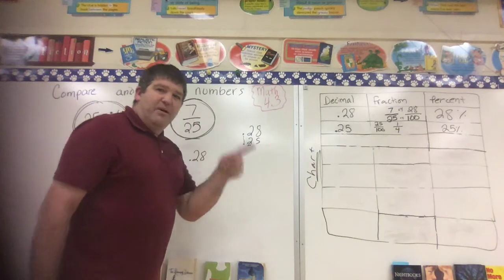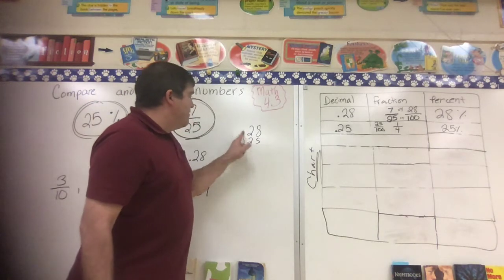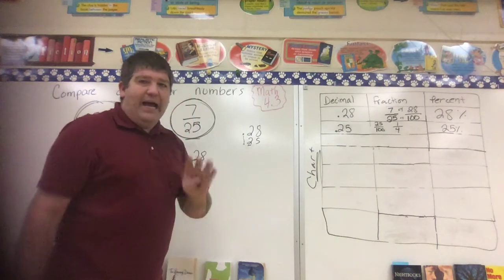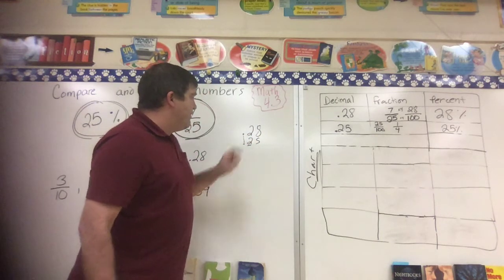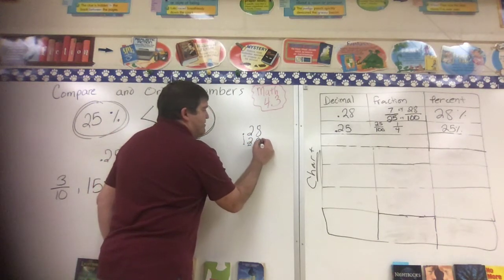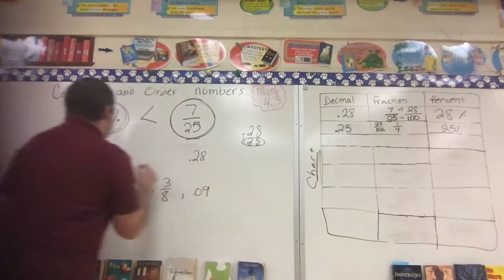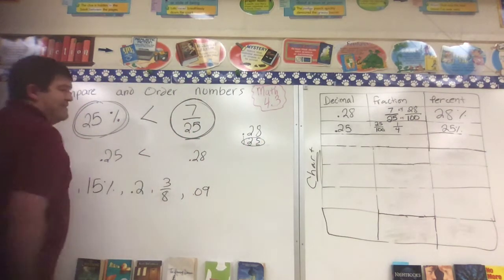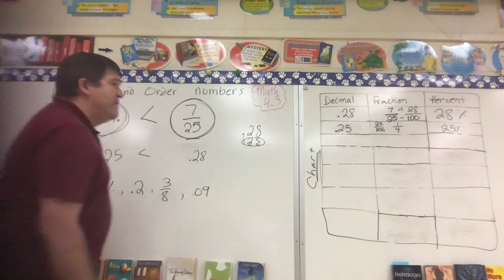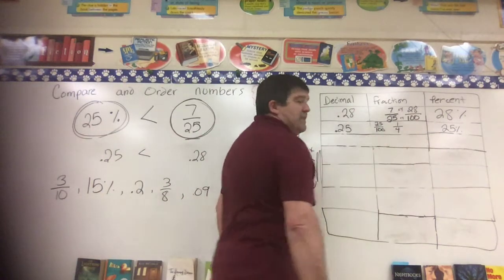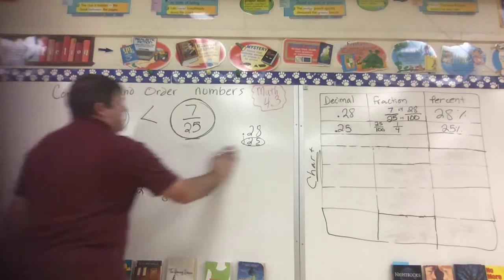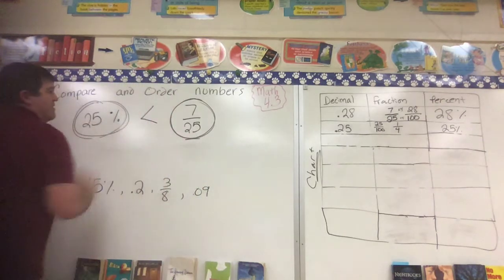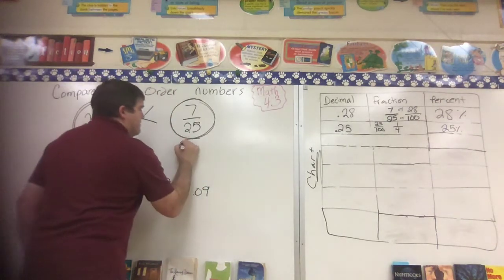I'm going to find the smaller one. Is 2 smaller than 2? Nope, they tie. So I gotta go on to the next level. Which one's smaller, 8 or 5? 5. So this one is smaller. So 0.25 is less than 0.28. So no matter which form I used, we got the same thing each time. And so I can tell you this one is greater.